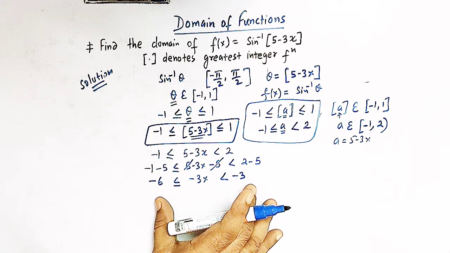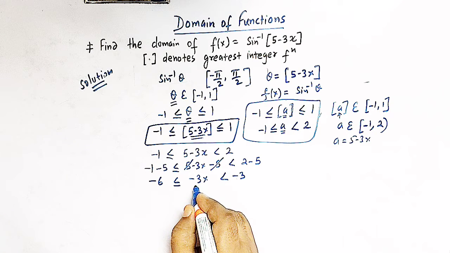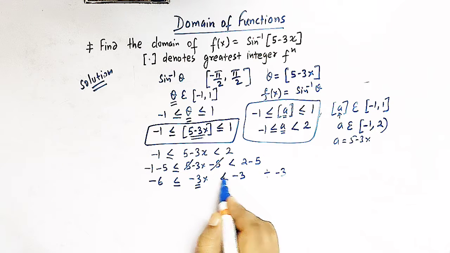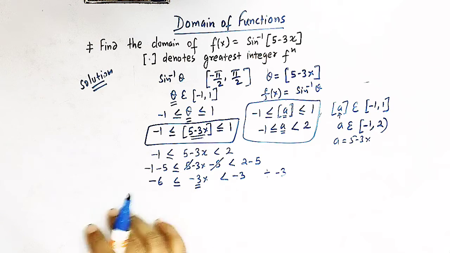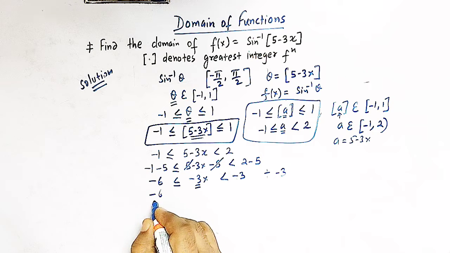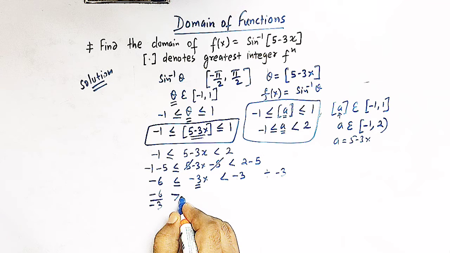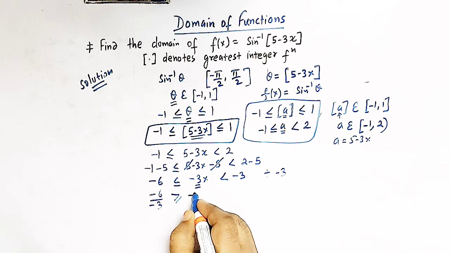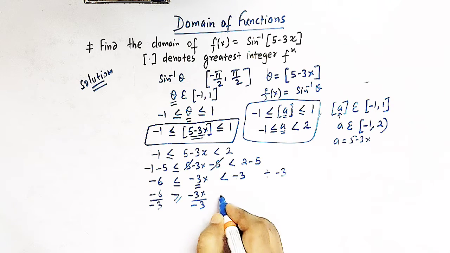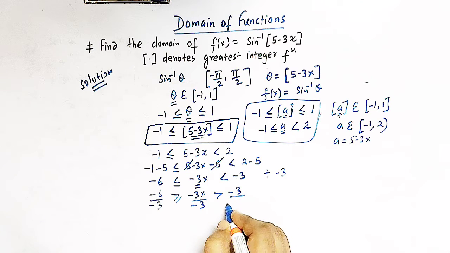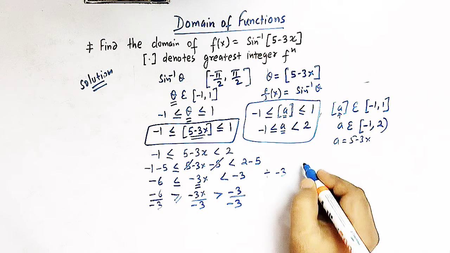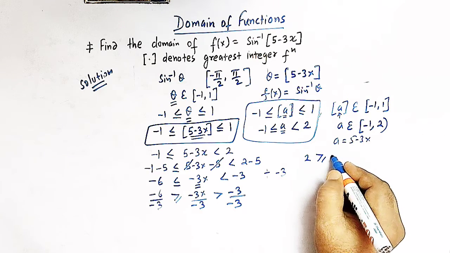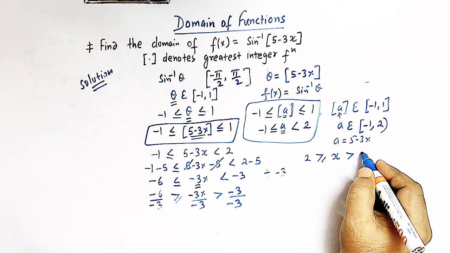Now we can divide throughout by this factor, minus 3, right? And the direction of the inequality gets reversed. So here we have minus 6 over minus 3, and then the direction of the inequality gets reversed. Here we have minus 3x over minus 3, and here we have minus 3 over minus 3. So we now get 2, here we have simply x, and here we have 1.